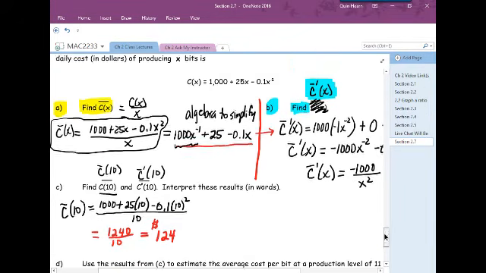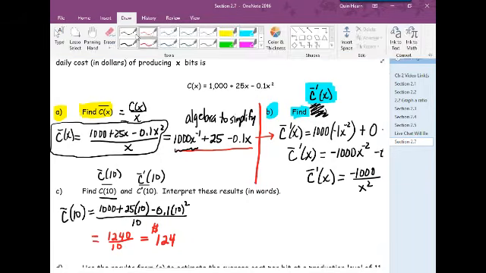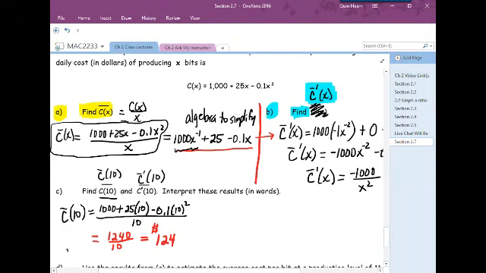So interpreting the result in words, the cost on average, the average cost, not the total cost. Actually, what I said was misleading. It's not that it costs you $124 to produce 10 units. It costs you on average $124 per unit when you're producing 10 units.